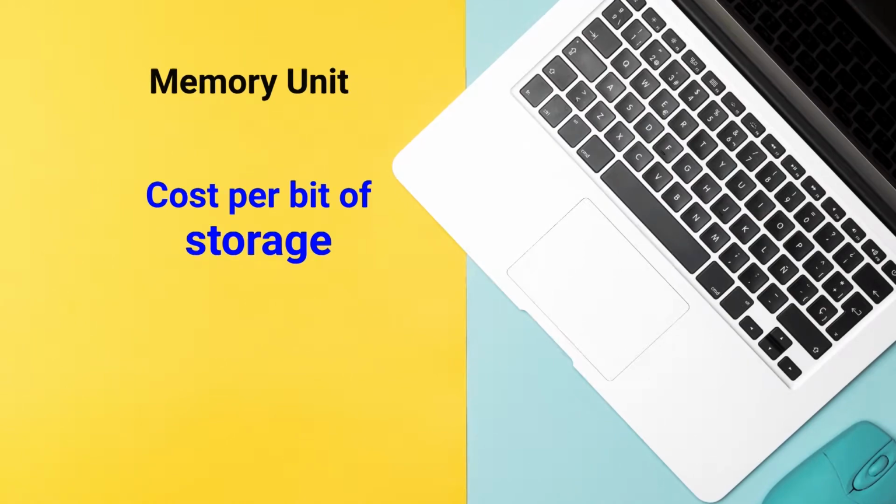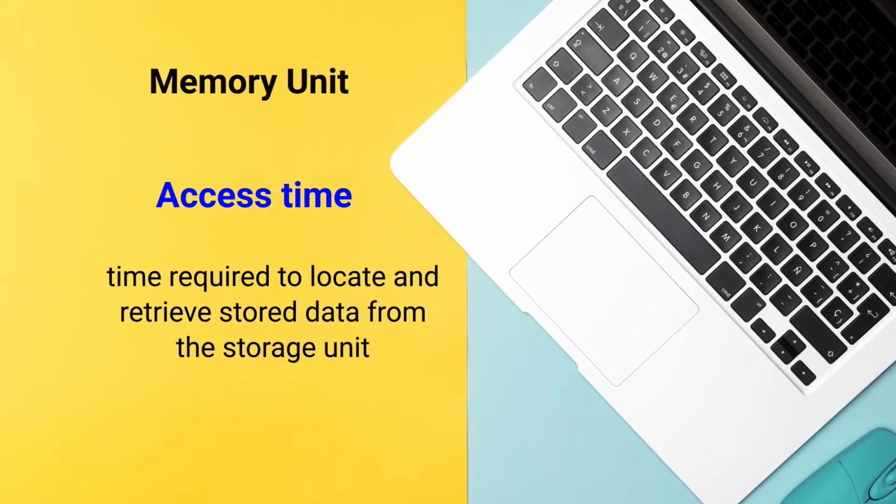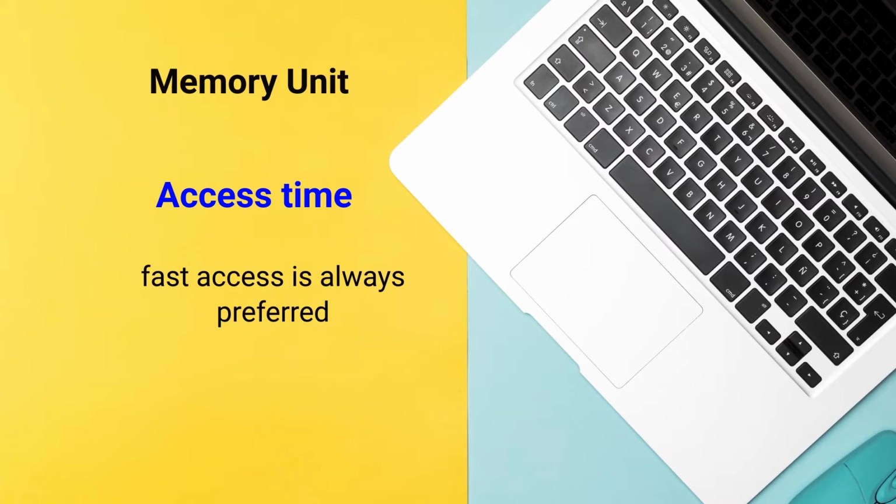Access time is important and crucial because any operation taking place in the computer is taken care of by the program and data. If the CPU instructs an operation, the time required to locate and retrieve that data is very crucial, and that's why we are interested in fast access for these devices.